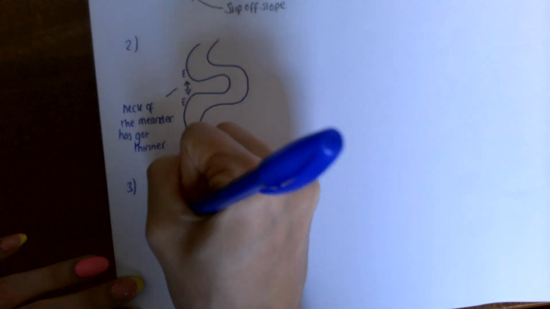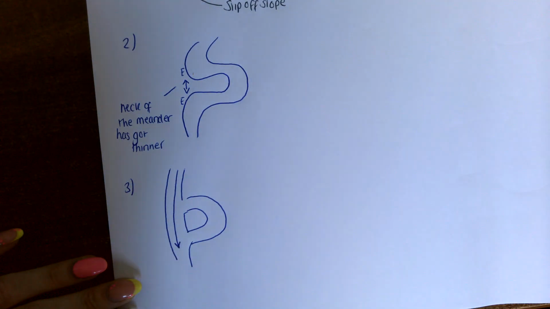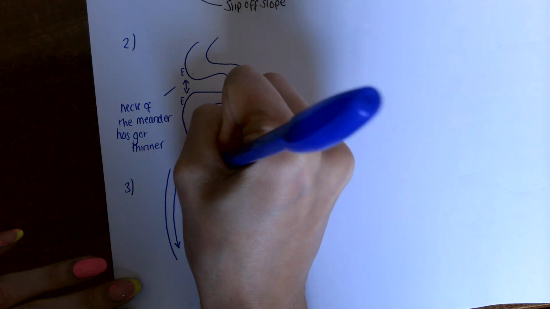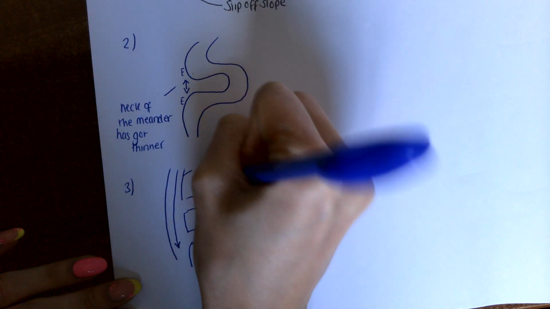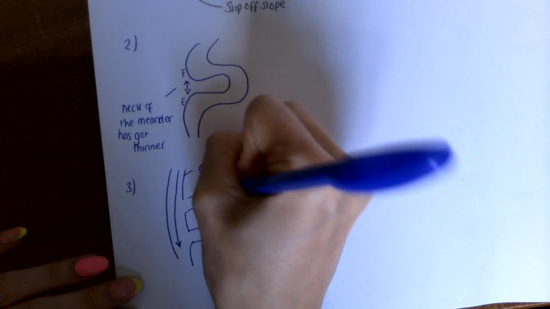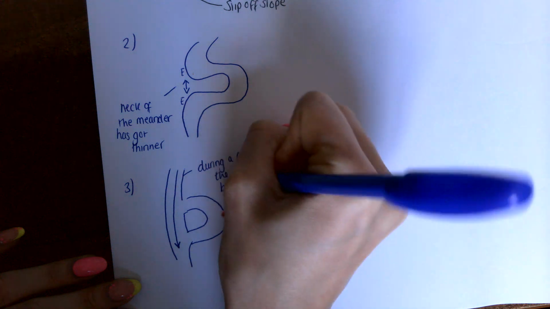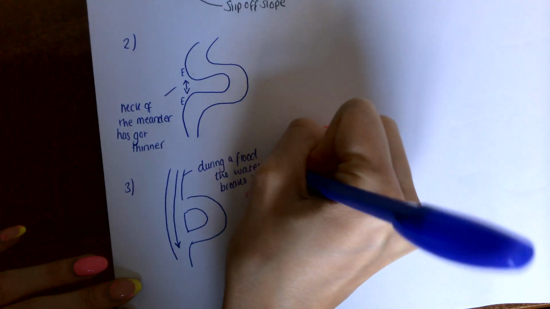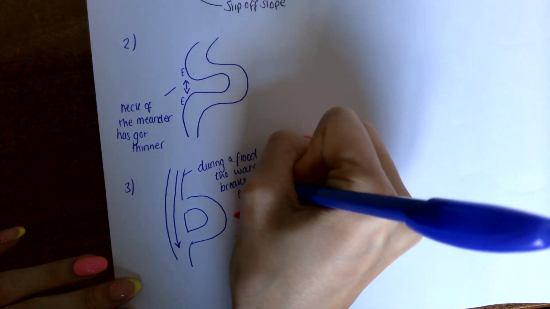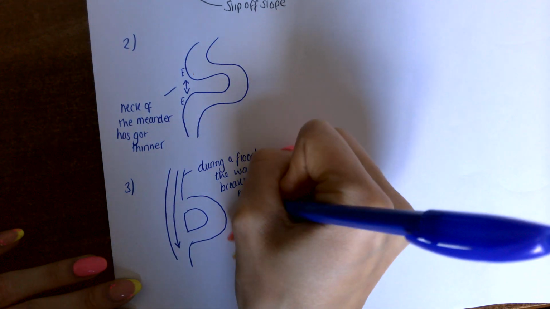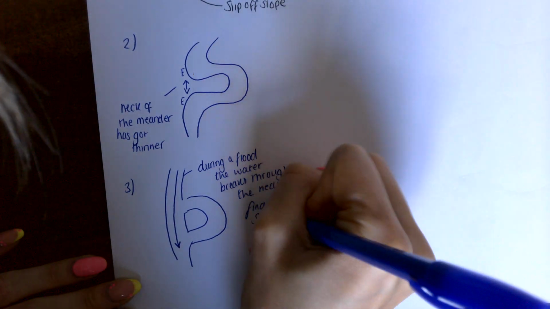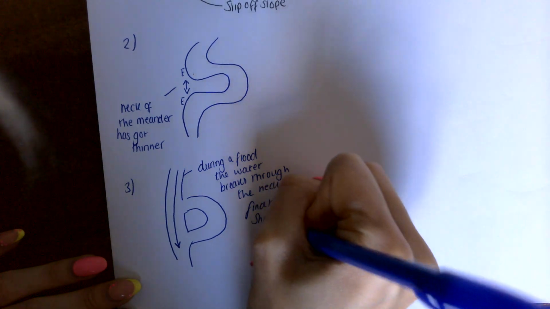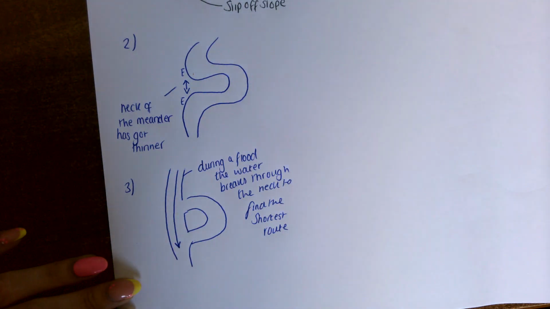So our water now, our fastest flow, often during a flood, so during a flood, the water breaks through the neck to find the shortest route. But we still have our original bend here.